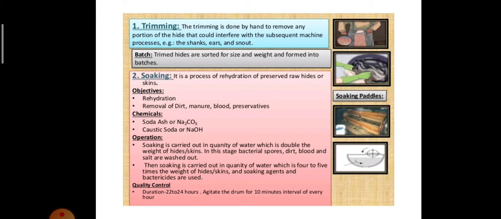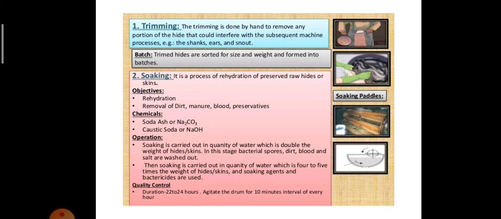What is the soaking process? Soaking is carried out in a quantity of water which is double the weight of hides and skin. So in the leather industries, the duty of laborers, first thing, after trimming, is that the weight is recorded.